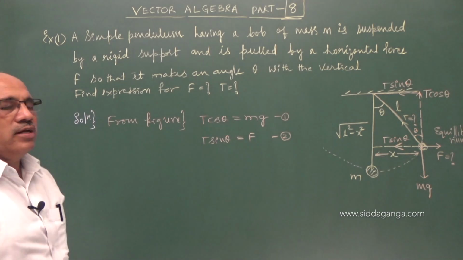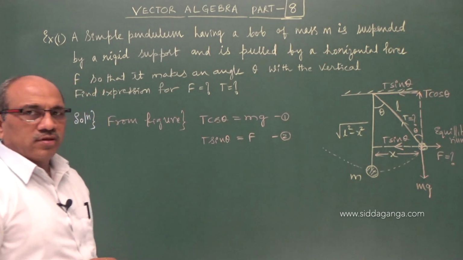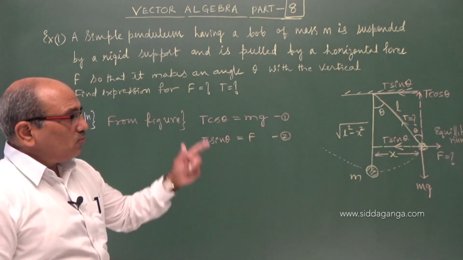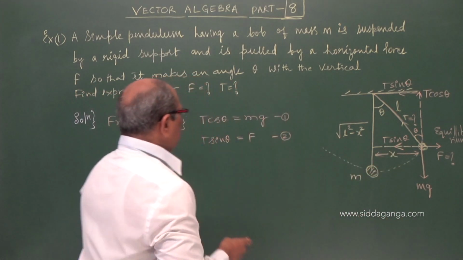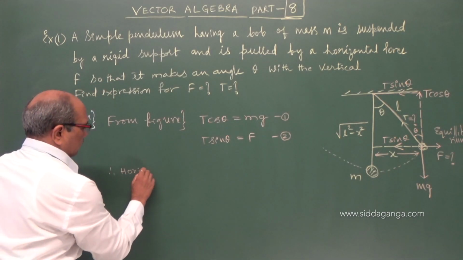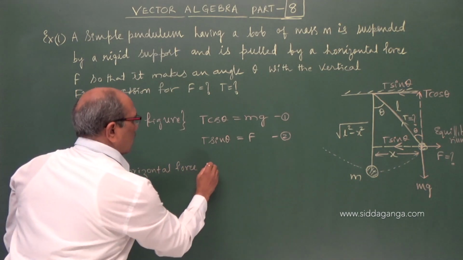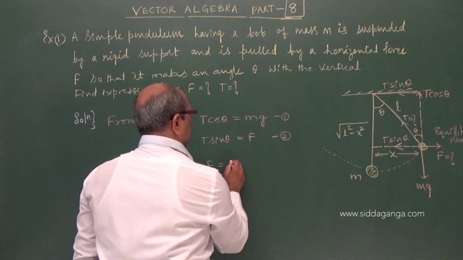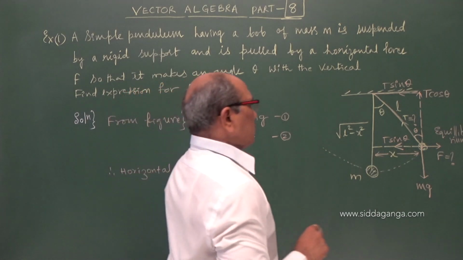Both are equated to one another. So we want F. F can be got in terms of T sin theta, but we can also get it in terms of L and x. So what is F? Therefore, the horizontal force applied equals T into sin theta.